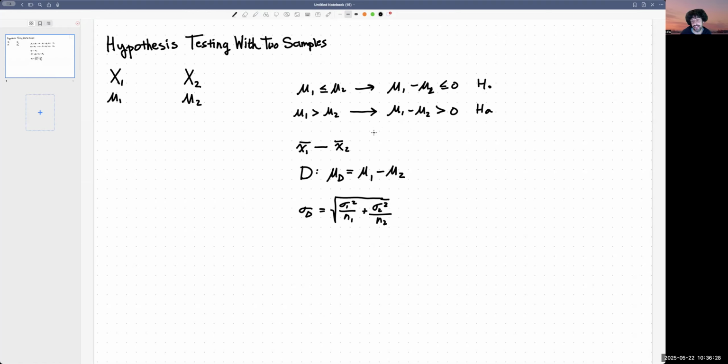In the case that our original distributions are normal, or if our sample sizes are large, D will turn out to follow a normal distribution, right, with the mean as described and the standard deviation as described, right? The mean given here and the standard deviation given there.